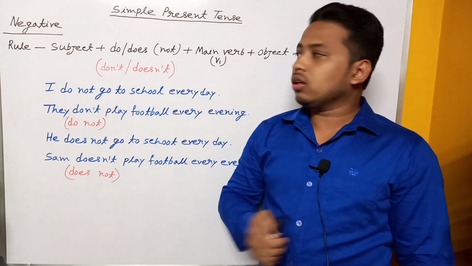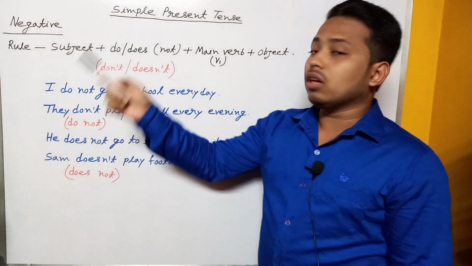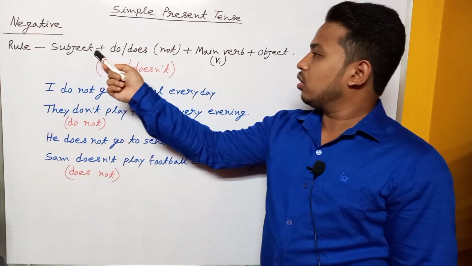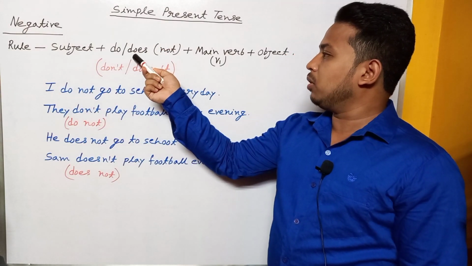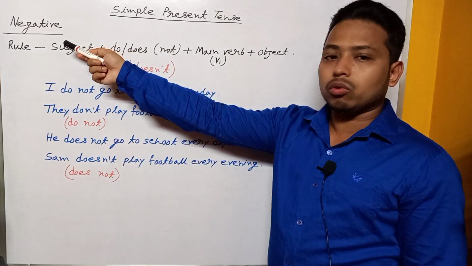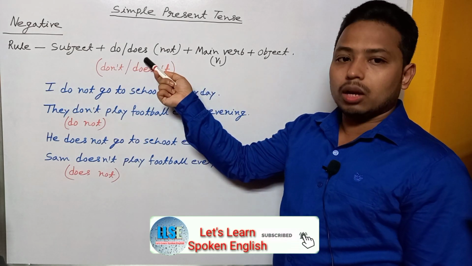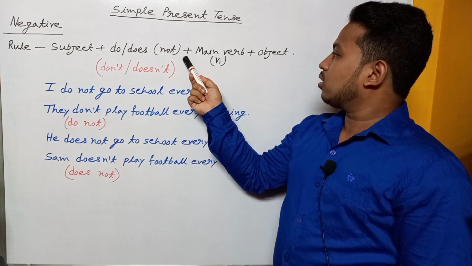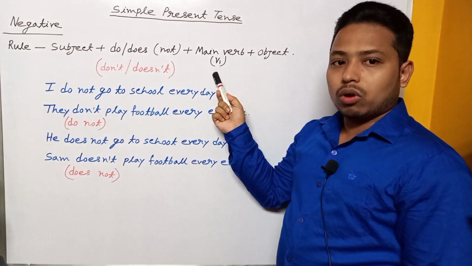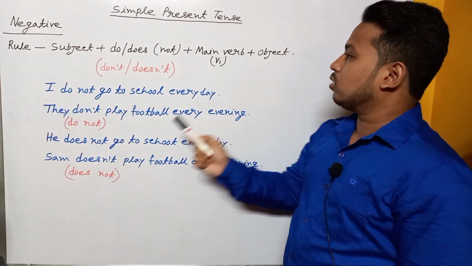Now we are learning negative rule of simple present tense. The rule is subject plus do, does helping verb. Then I write not because it is negative rule. That's why I write not after do, does helping verb, plus main verb V1, means verb first form, plus object.